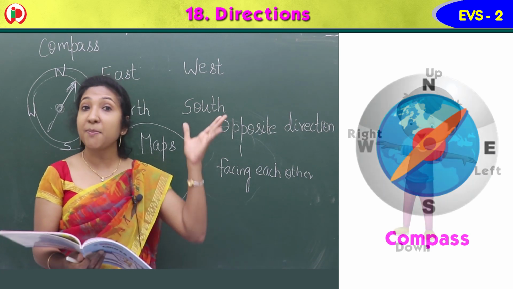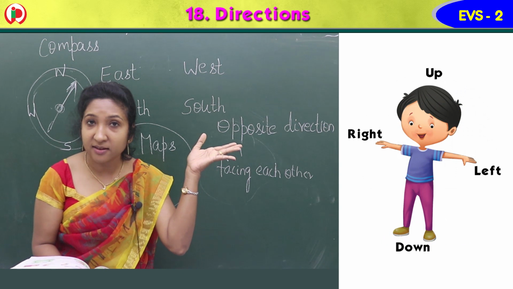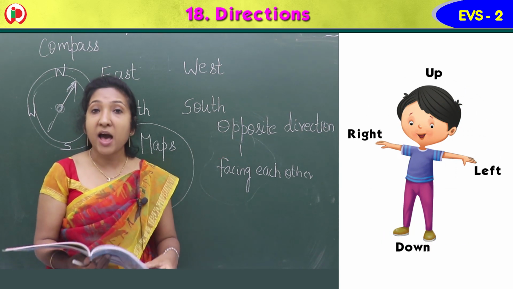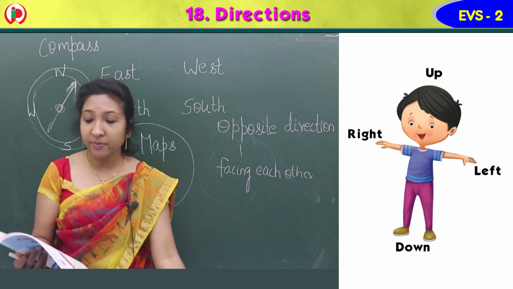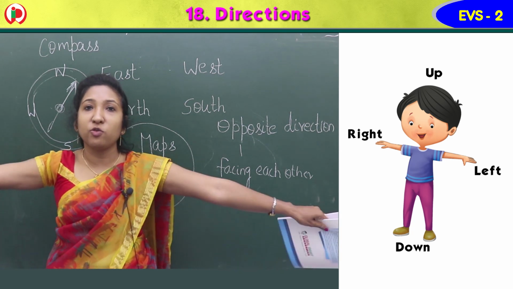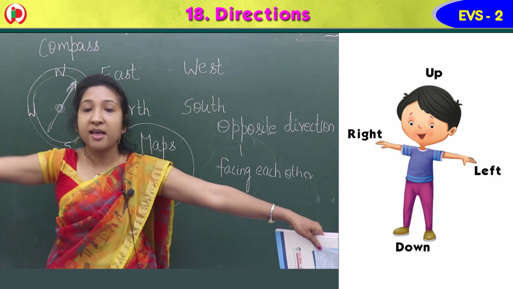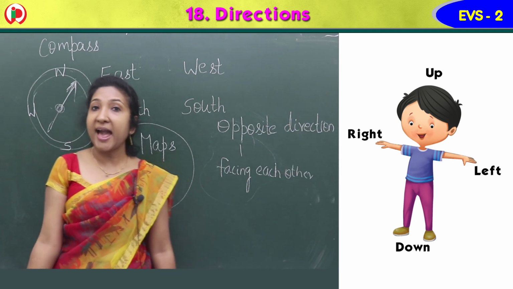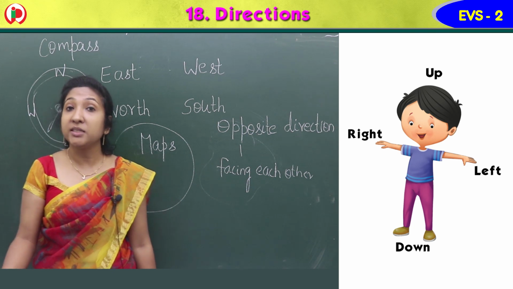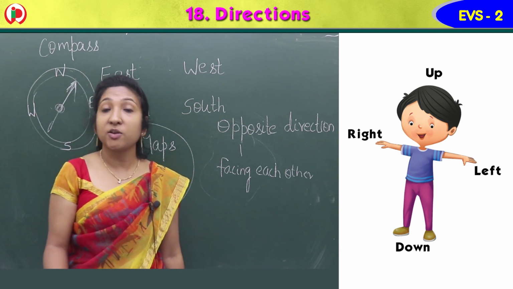You can see the image of a boy standing here. Up means top, down means bottom, then left and right. My right is this and my left is this, isn't it? So these are other directions: up, down, left, right.